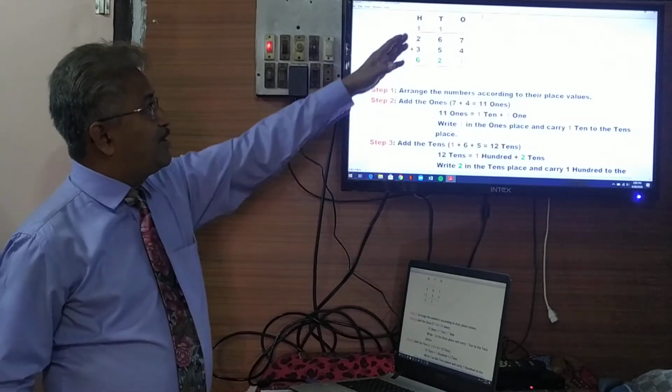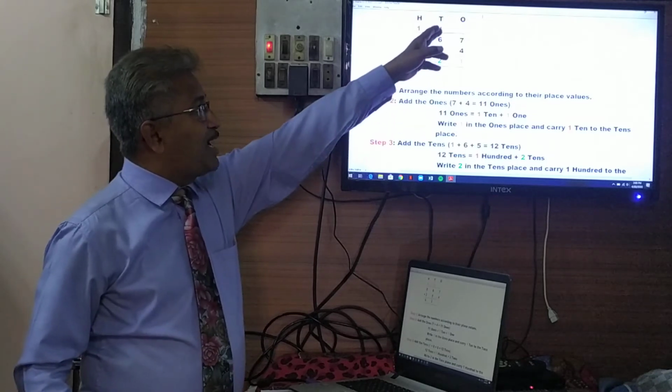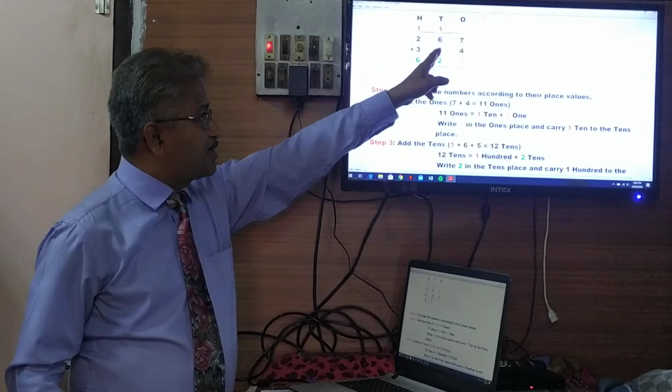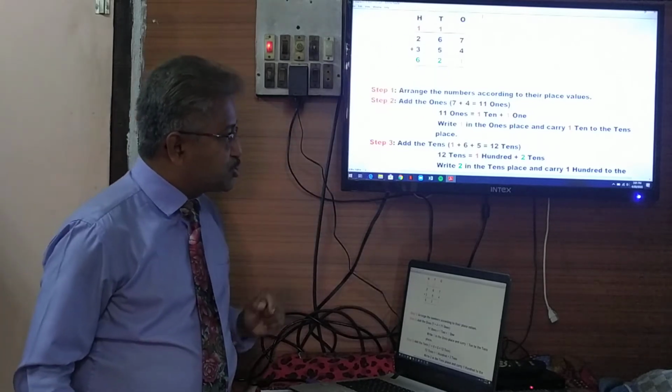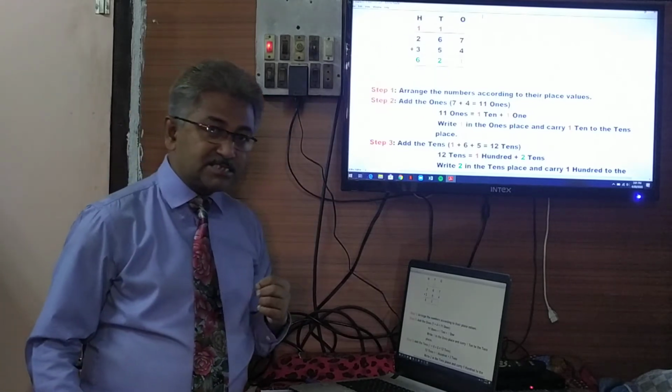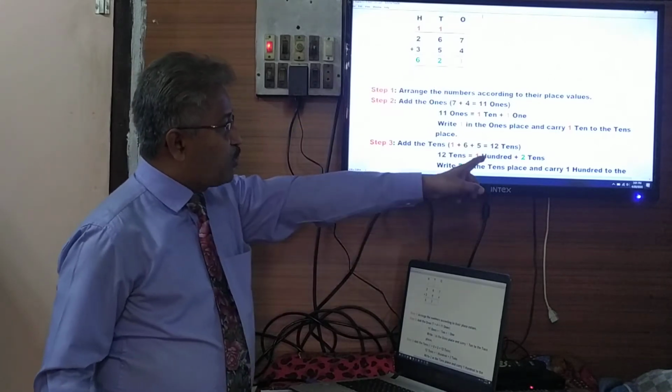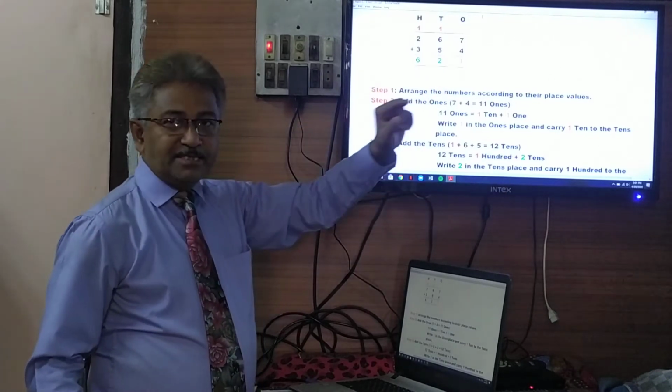Third step, when we are adding the tens column, we add that carry over 1. So 1 plus 6 plus 5 gives us 12 tens. Now 12 tens means 100 and 2 tens.